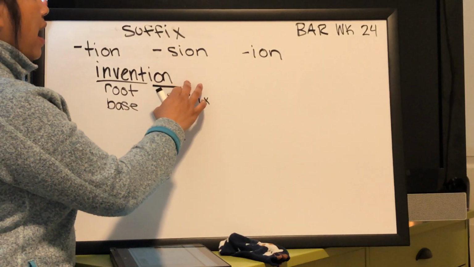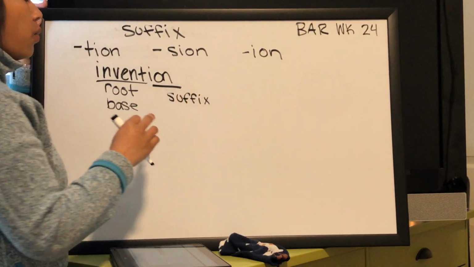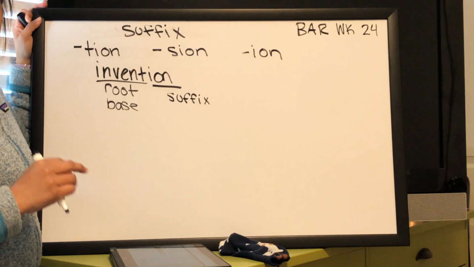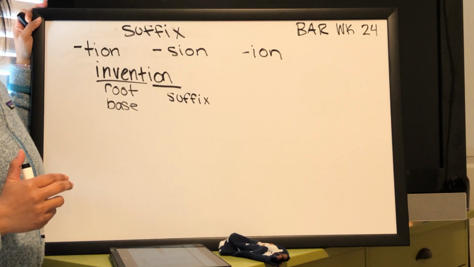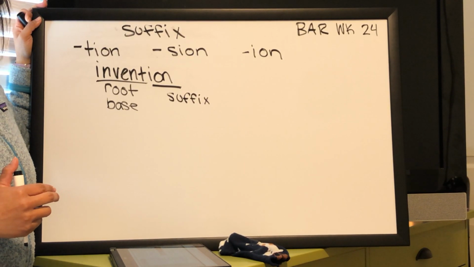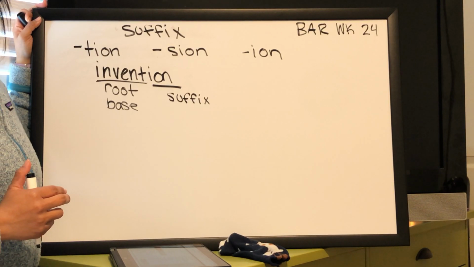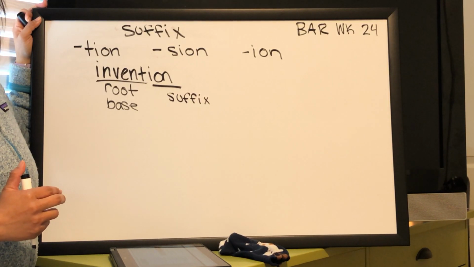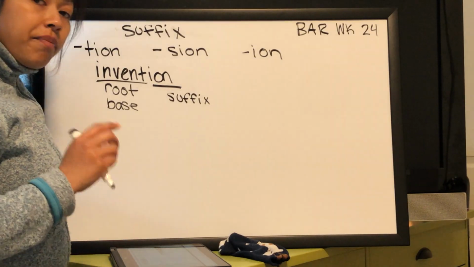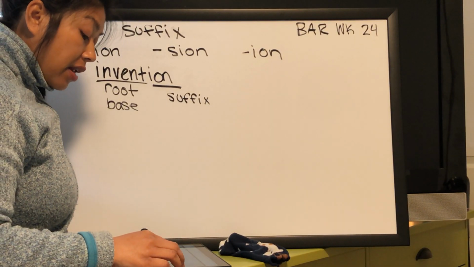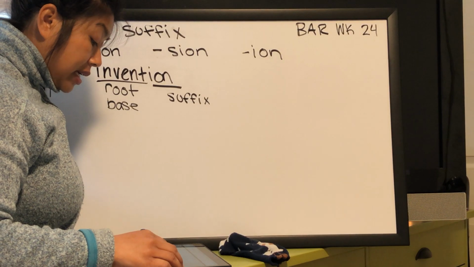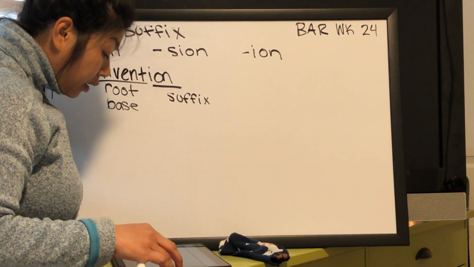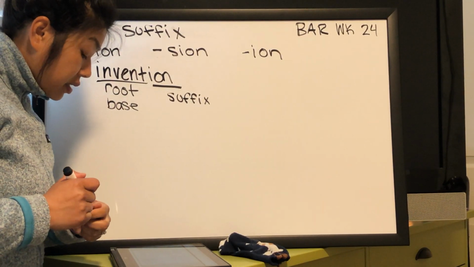But when you have invention with the suffix, it becomes a noun. And invention means something new that is made for the first time. Here's an example of both the root word and the root word with the suffix in a sentence. Invent.